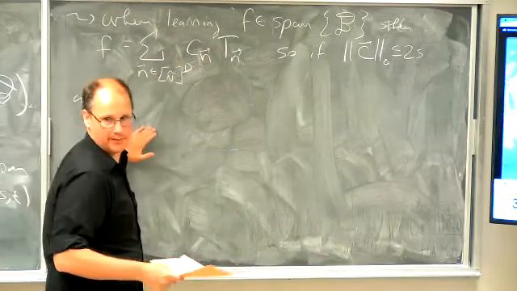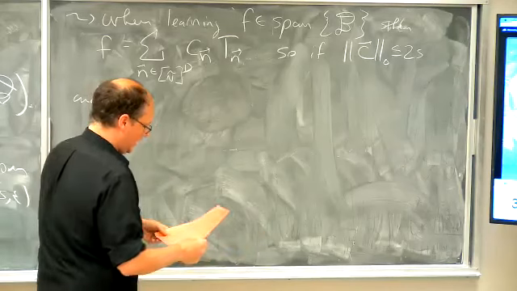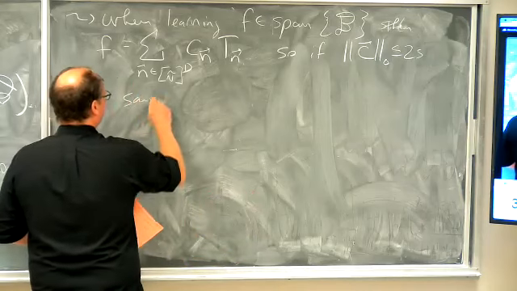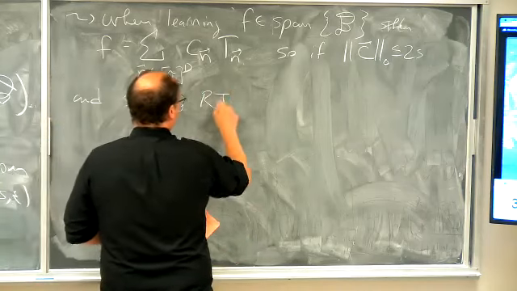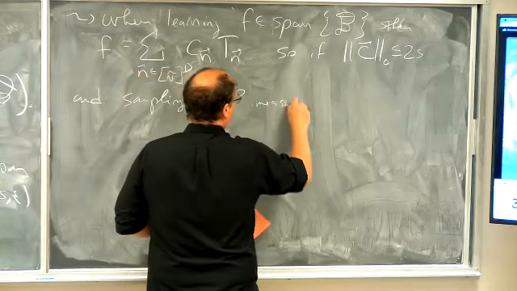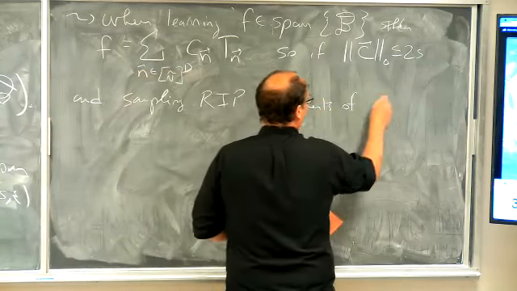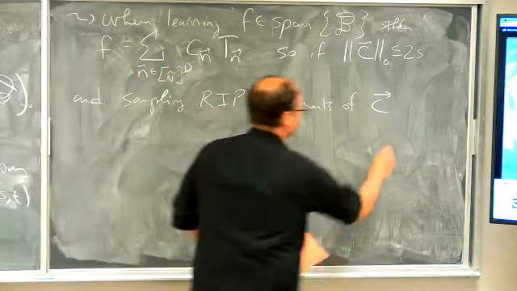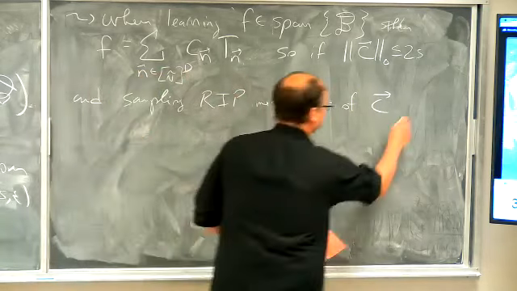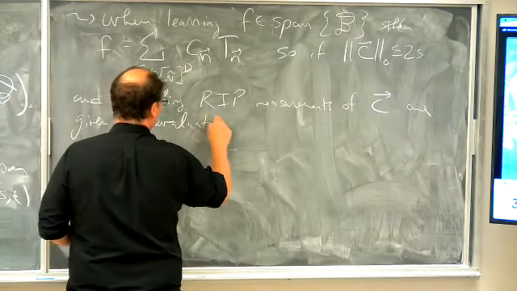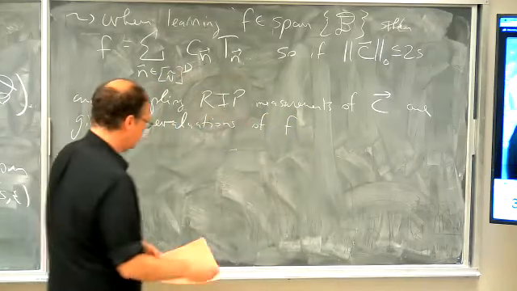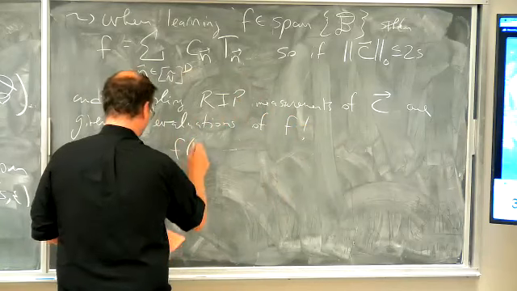Very similar actually to what happened last class, because the sampling matrices can be evaluated by sampling, surprisingly enough. Right? RIP measurements of our coefficient vector are just given by evaluations of f. Just want to make this part clear for those who haven't thought about it before.